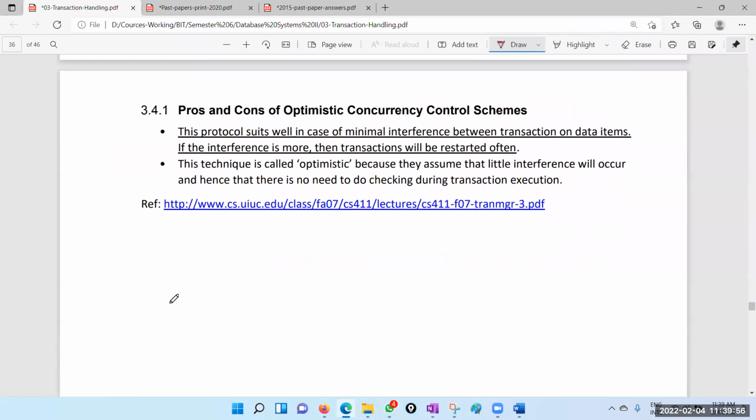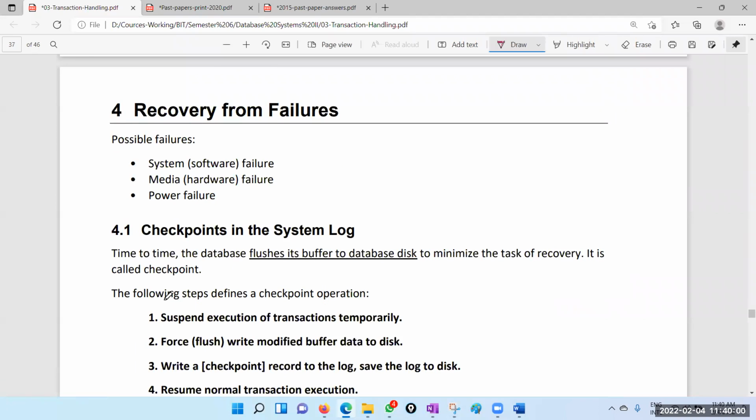Both have their own pros and cons. Now we are moving to our final topic, recovery from failures.